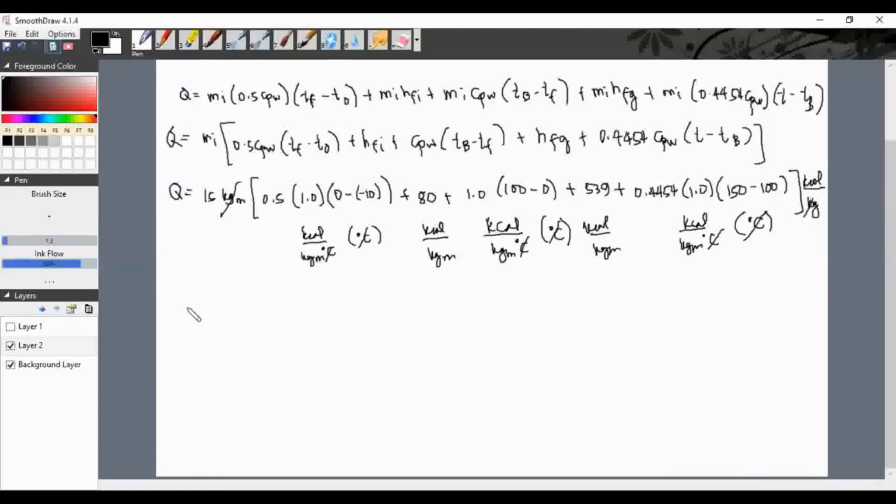Then, punch natin sa calculator. We have 15 times 0.5, times 1.